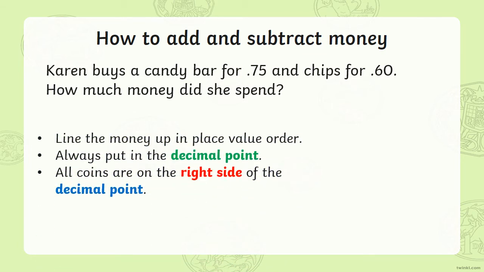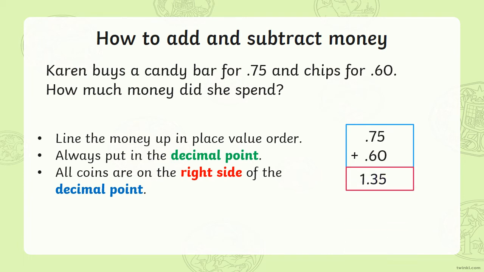Remember our rule. Line up the money in the place value order. Always put the decimal point in. Always have the coins on the right side of the decimal point. So here we have 75 cents and 60 cents. 75 and 60 are coins, so they are to be placed on the right side of the decimal point.